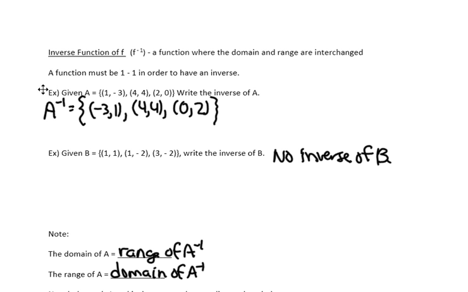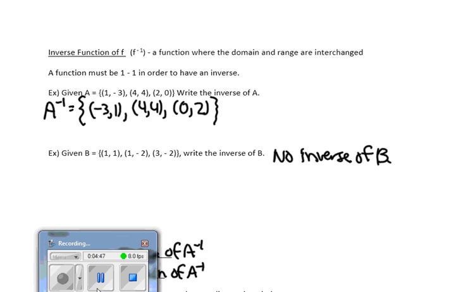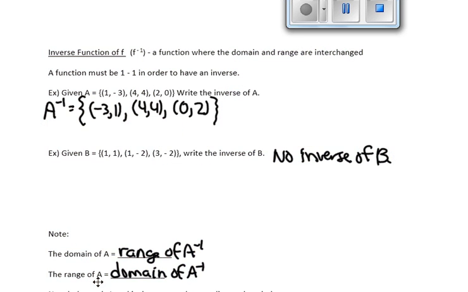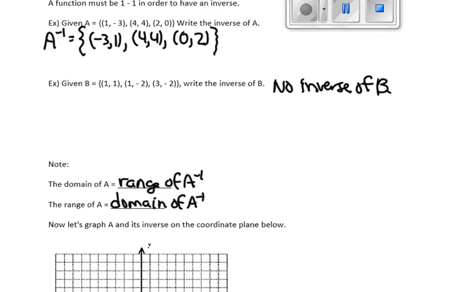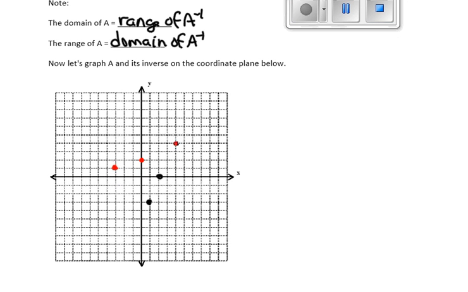Okay. Now, what I would like to do is to graph this below. As you can see here, I have graphed the original in black, and I've graphed the 3 ordered pairs of the inverse in red. Now, what do you notice?